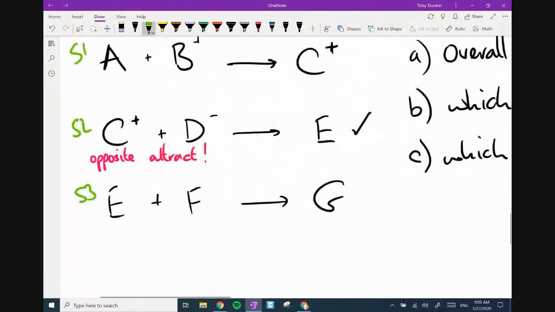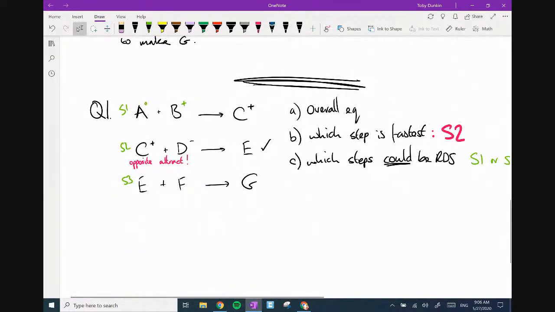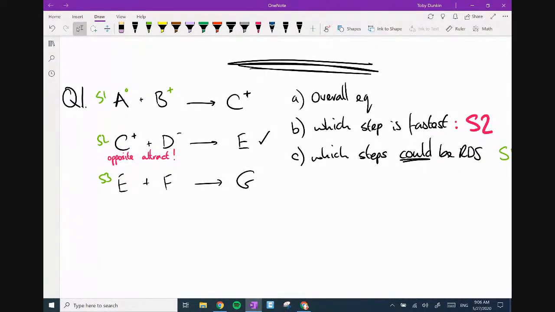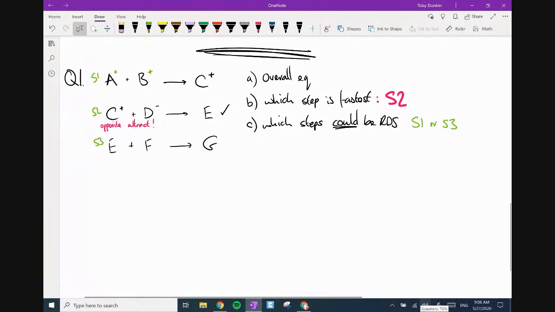We won't know, because I know that this one has a positive charge, but because A is neutral, it makes no difference that B is. These two could both be RDS. There is no reasoning; we'd have to do the experiments to find that out.